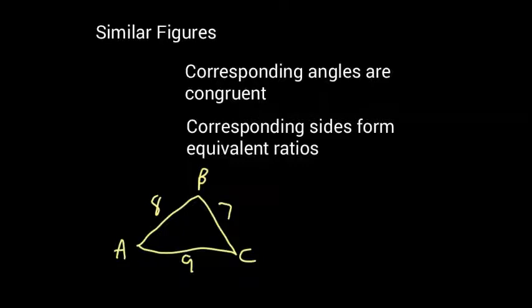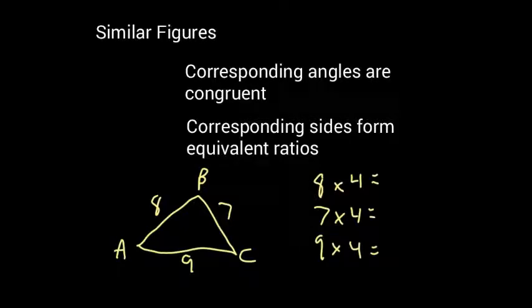So in order to be equivalent, you can take those numbers 8, 7, and 9 and multiply them by a common ratio. So let's say I multiplied it by 4. So for an equivalent triangle, it has to go in order, so it has to stay in ABC form.